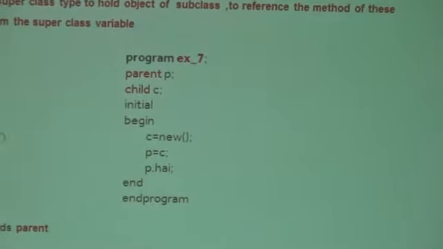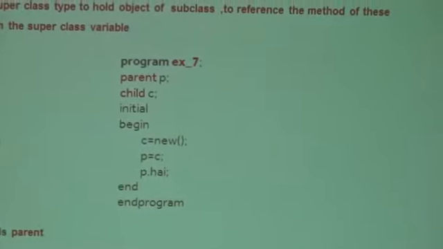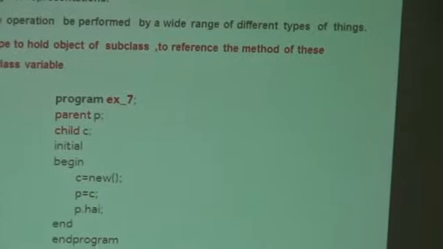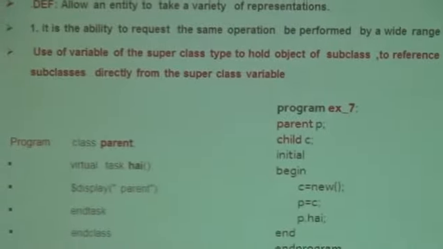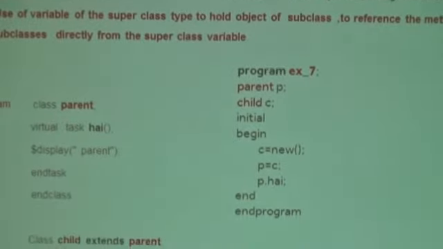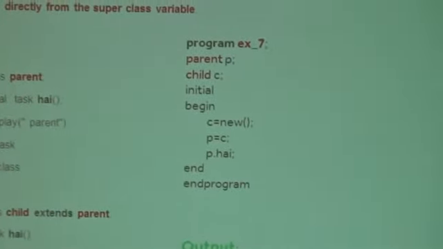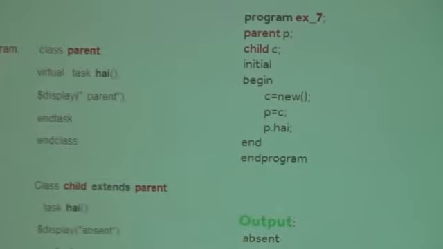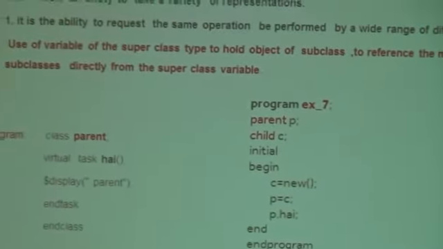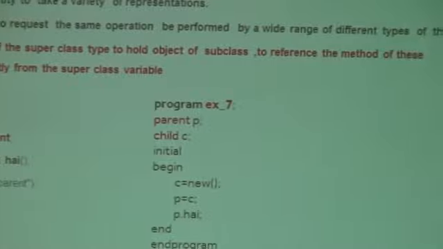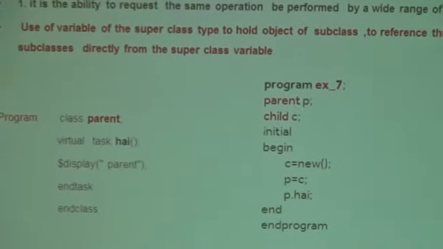the superclass variable P is holding the subclass object, and using that subclass object we are able to reference the methods of the subclass directly from the superclass variable. That means we are going to handle the derived class methods and derived class properties using this superclass variable.